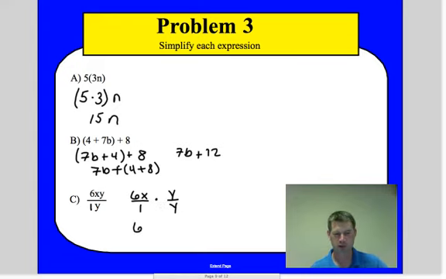Well, 6x over 1 is just 6x, and then y over y, when you have something over something that's the same, becomes 1. Now you'll see here this is the identity property of multiplication, which gives us 6x. So there's the finish on that one.